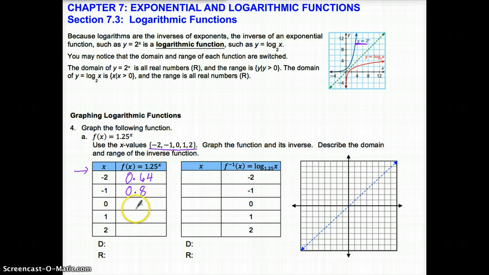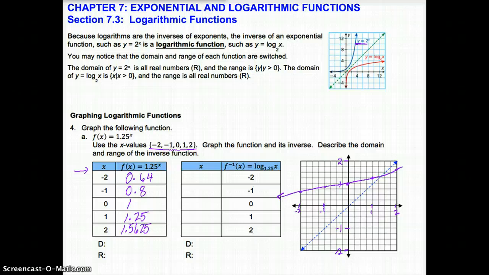If we take 1.25 to the 0 power, we have 1, and to the first power is 1.25. And if we square 1.25, we have 1.5625. And I'd like you to take a minute now and graph those points.